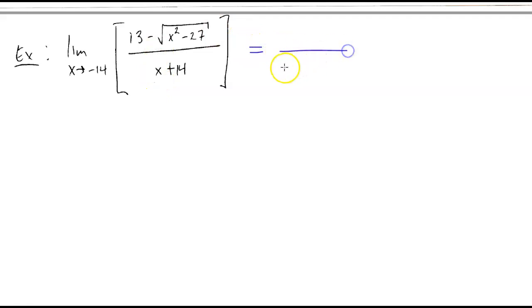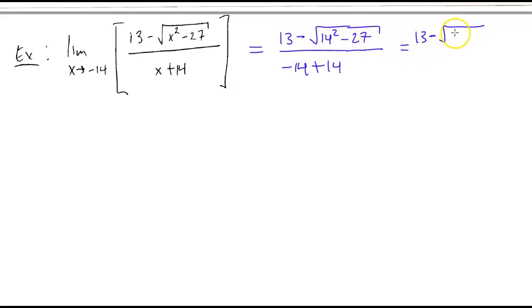That in and of itself isn't necessarily a problem, but if I do the same thing in the numerator, then evaluating the numerator, I'm going to get 13 minus the square root of 14 squared, which is 196, minus 27, and this will be over 0. 196 minus 27 is 169, and if you remember your multiplication tables, the square root of 169 is 13.